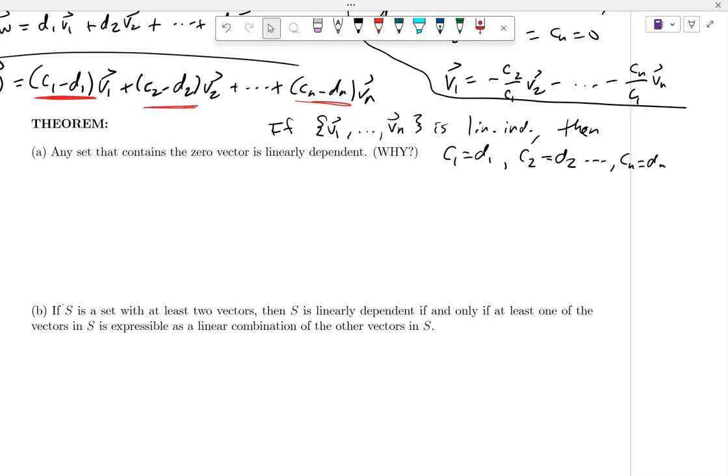Remember, linearly independent says that if I have a linear combination that gives me the 0 vector, then all of the constants have to be 0, right? So say you have v1, v2, out to vn, and then I put the 0 vector in there. Can you give me a linear combination that equals the 0 vector where not every single constant is 0?